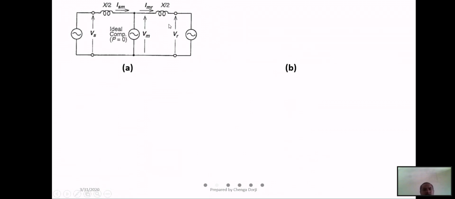The transmission line is broken down into two halves, each with X by 2. Otherwise, the transmission line is there as a whole.